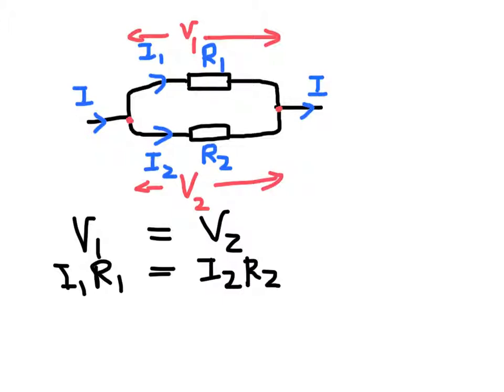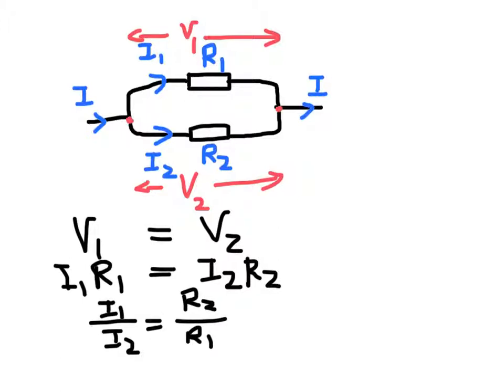Hence, we have I1 over I2 equal to R2 over R1, which means that the current in each resistor is proportional to 1 over the resistance of the resistor. Or we say current I and resistance R are inversely proportional.